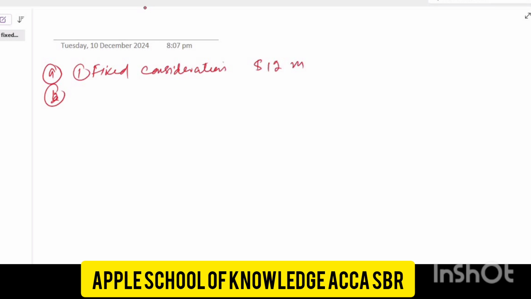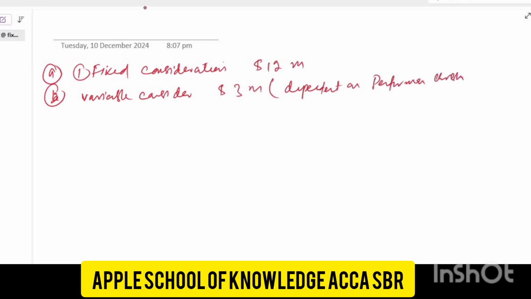And then the second is variable consideration, and the variable consideration is 3 million. Now this 3 million depends on meeting the performance threshold. Clear?